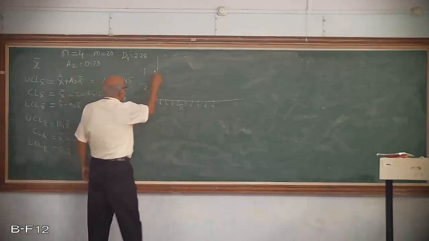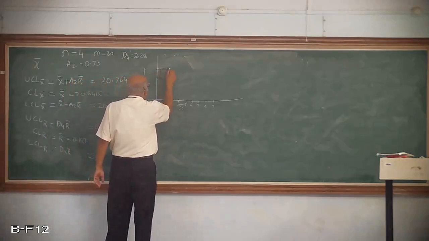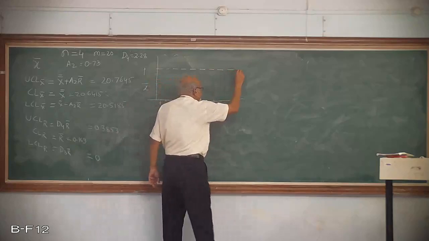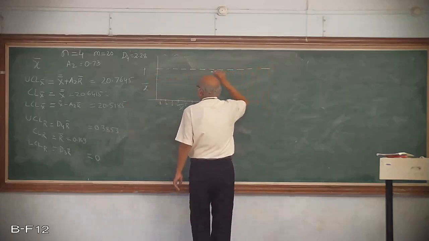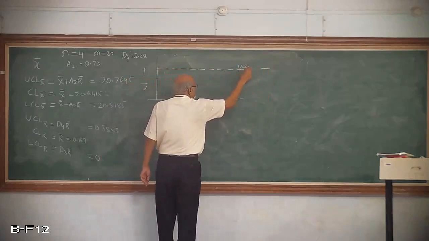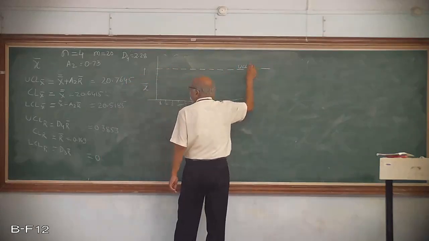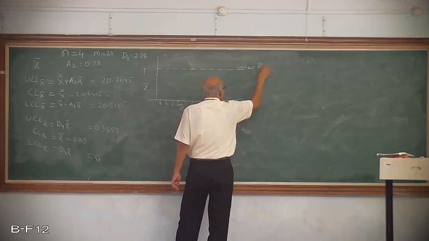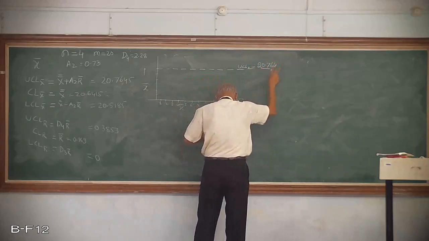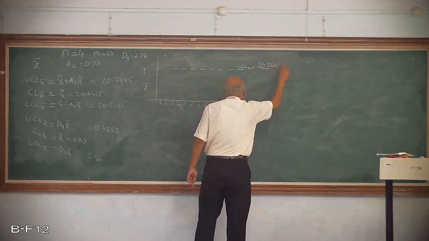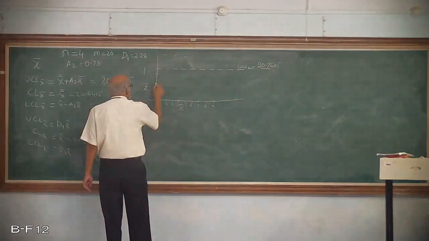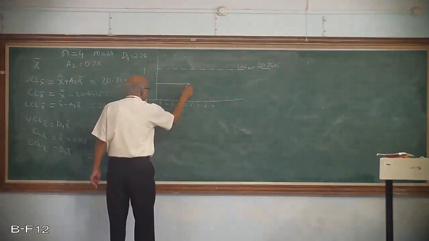Let me say this is the upper control limit, and I told you the upper control limit is represented by a dashed line. So this upper control limit of X bar is 20.7645 mm. And the central line, I am going to put over here, which is represented by the solid line.